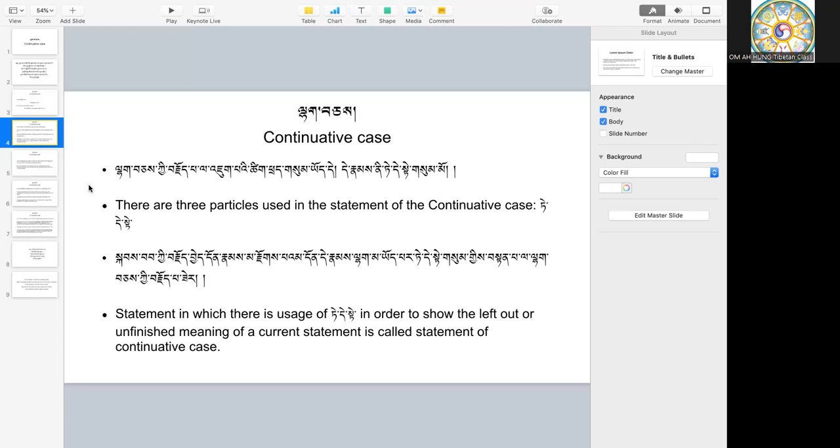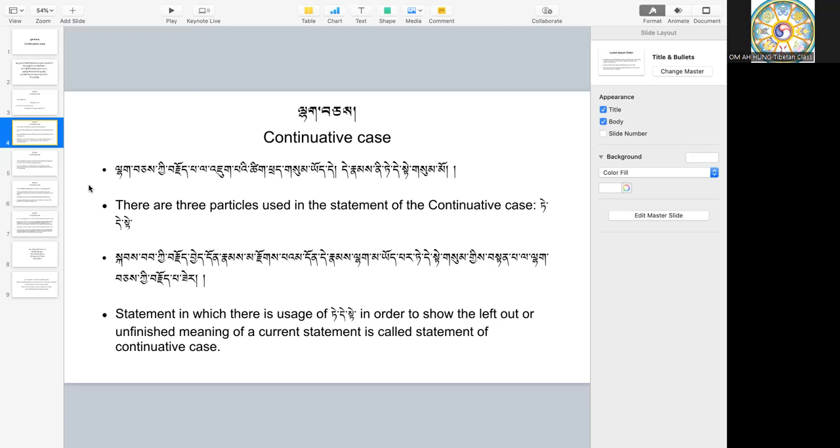So in this statement, the three particles of the continuative case are being used in order to bring out a narration which is a continuation of a current statement.